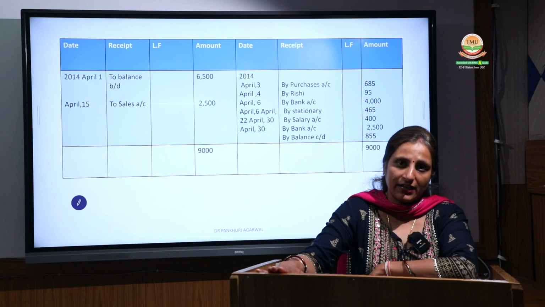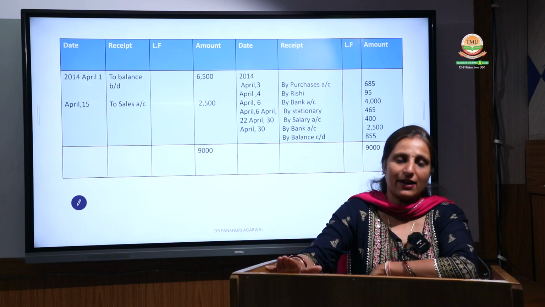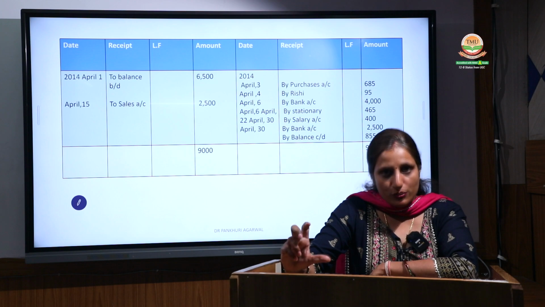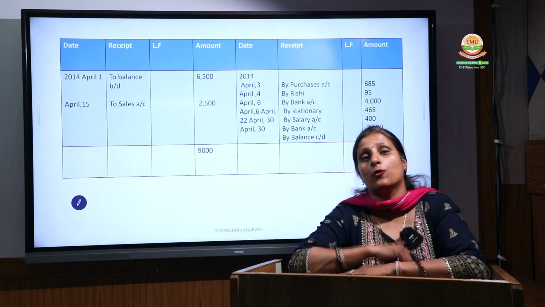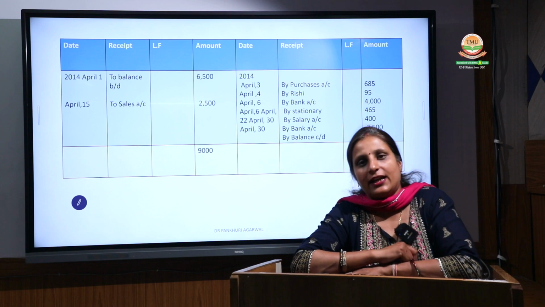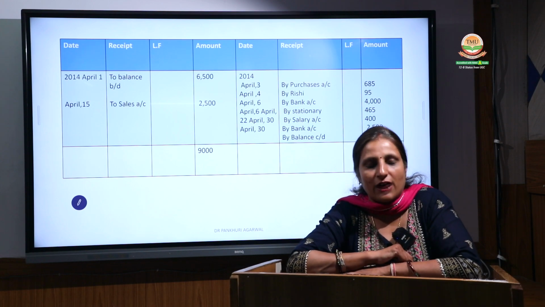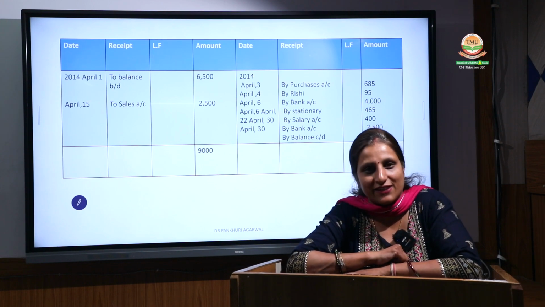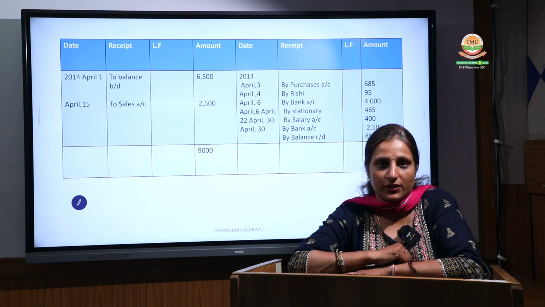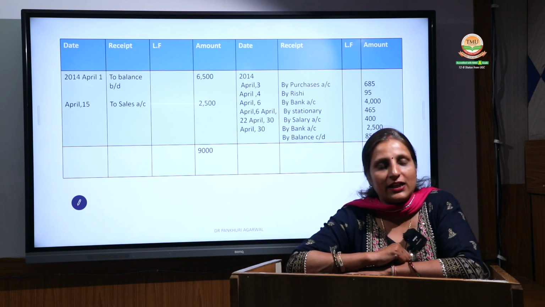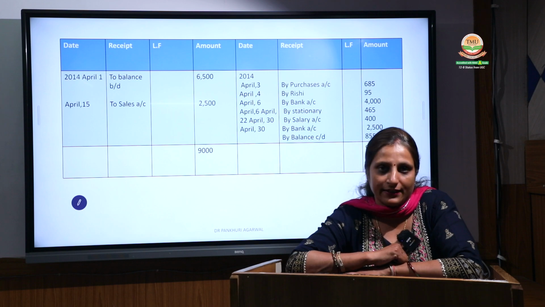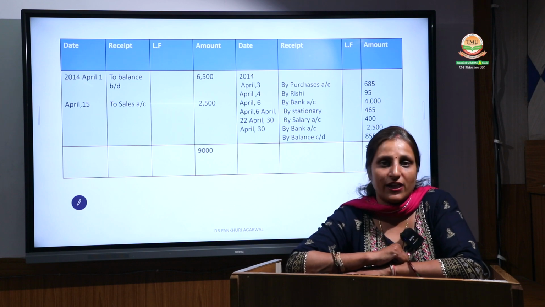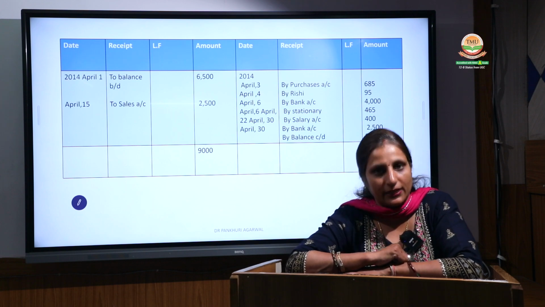I also told you this when I explained the opening entries: if there are opening balances, remember one thing, that all assets have a debit balance and have to be posted on the debit side, and all liabilities have a credit balance and have to be posted on the credit side. So if there is a balance of any asset account, it has to be posted on the debit side.